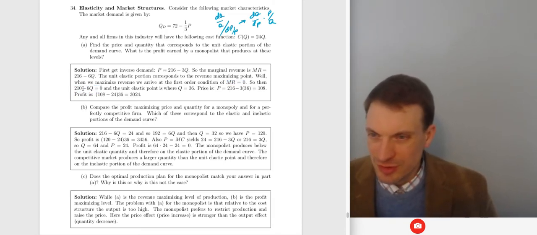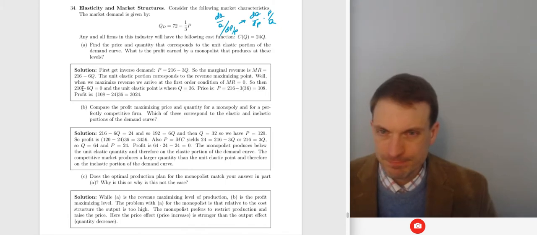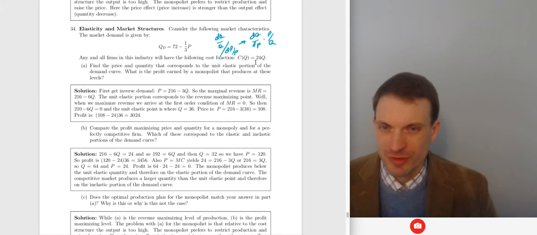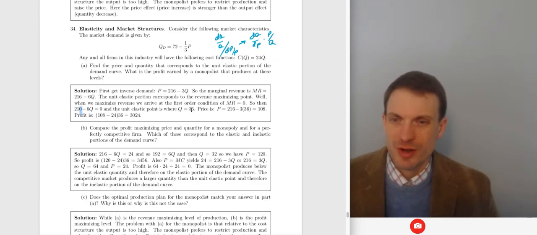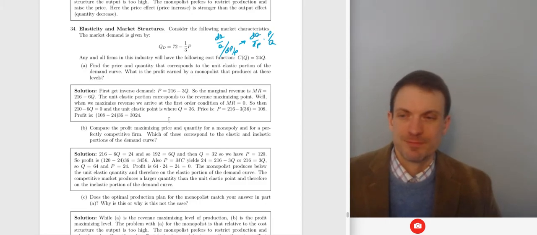Oops, did I do something clever or did I do something silly? So we want to maximize this. I think this should be a 6. Yeah, so anyway, we'll find the unit elastic point is going to be a quantity of 36. So the associated price is 108, and then the profit is going to be 108 minus 24 times 36. It's going to be 3024.